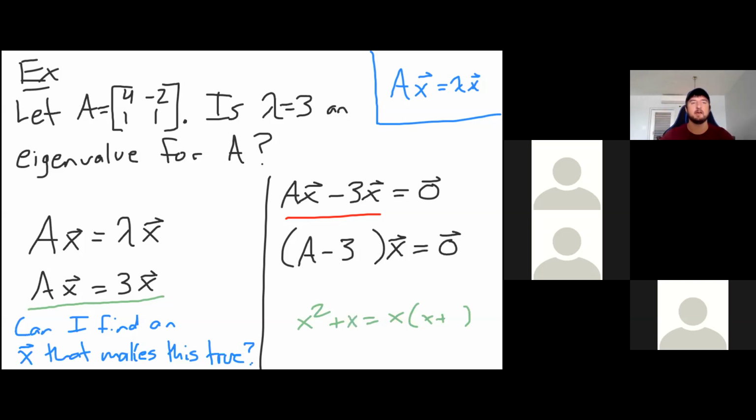If I have x squared plus x, and I wanted to factor out an x, I'd be left with x plus what? Yeah, thank you, Ellen, for putting in chat. It would be a 1.